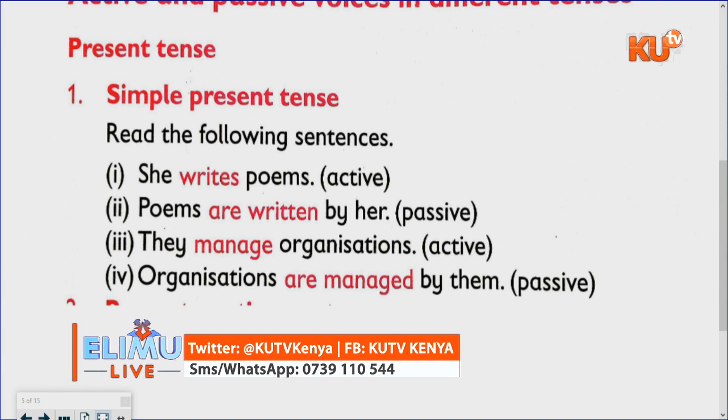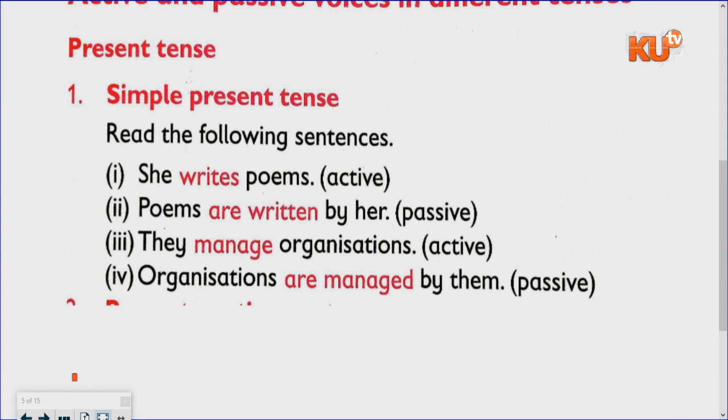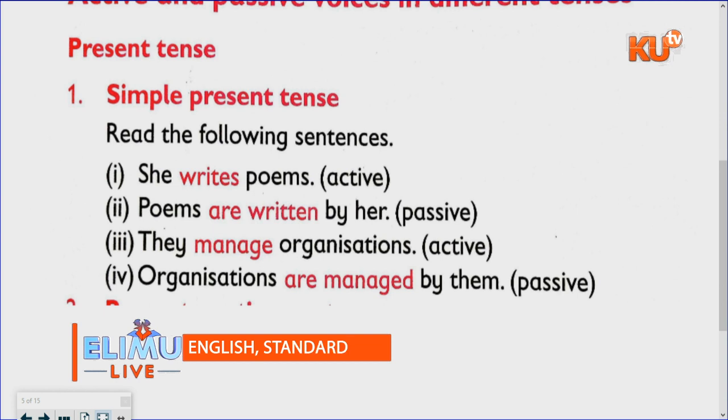So it has changed the tense. Simple present tense has changed to past participle, present participle: are written. Poems are written by her. They manage organizations. Manage there indicates simple present tense.